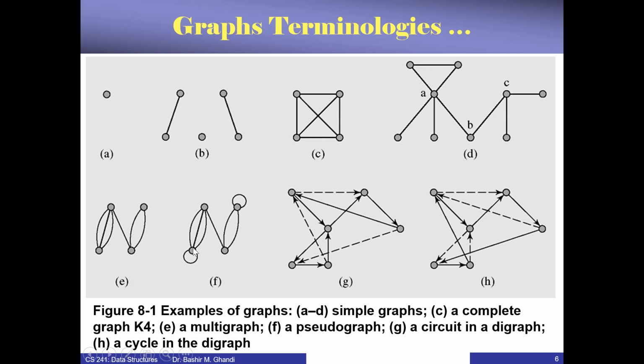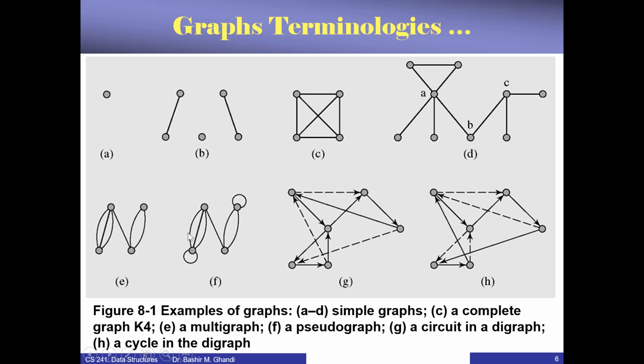Similarly, the next definition we're going to see in the next slide is that if in addition you have an edge between a vertex and itself, then the graph is called a pseudograph. Pseudograph. So here, in addition to being a multi-graph, we now have an edge between a vertex and itself, like a cycle or a loop.